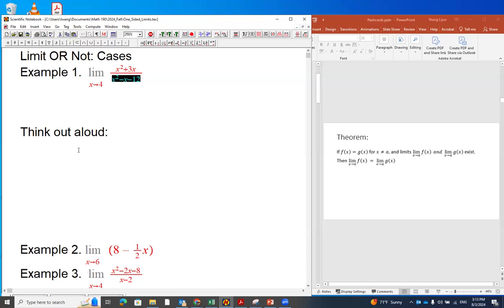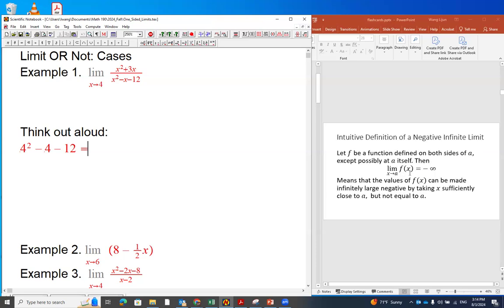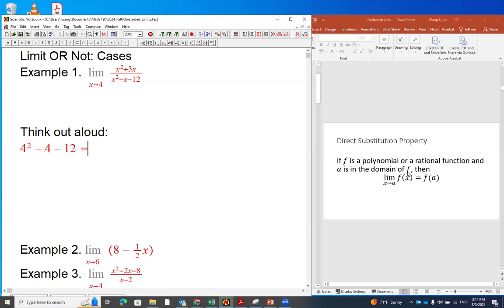The other thing you might be thinking of is, well, let's substitute. We're going to check if I substitute the 4, will I get a result not equal to 0? Because if it's not 0, then we can use direct substitution. Where's the direct substitution property? Right here.